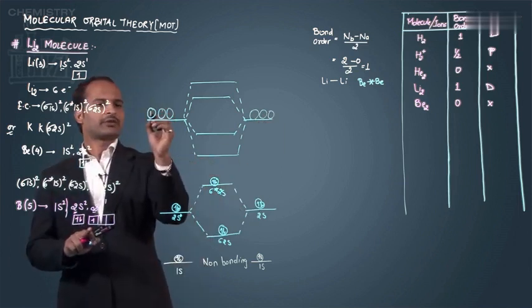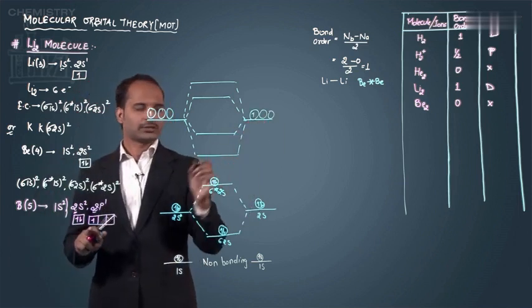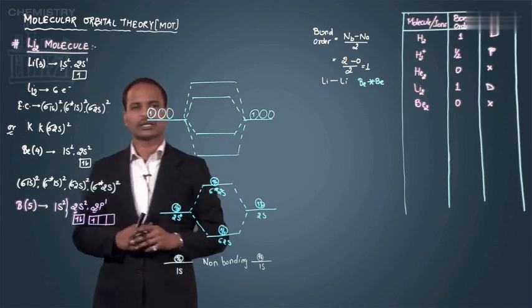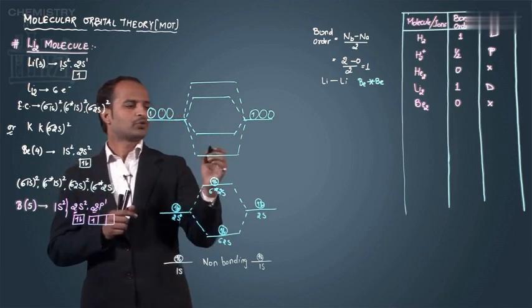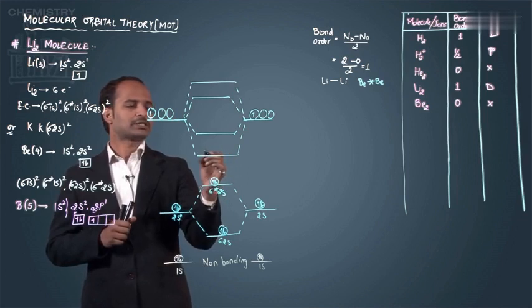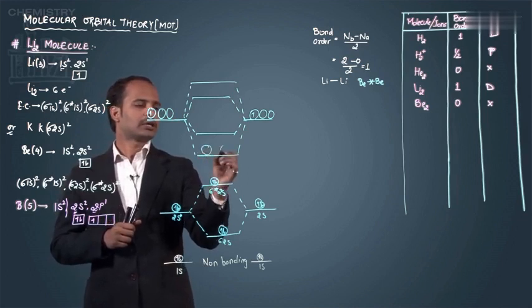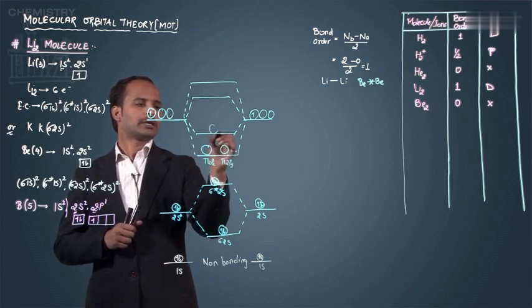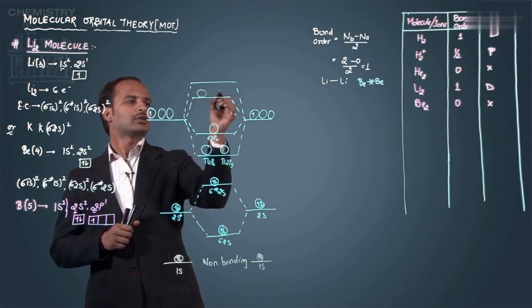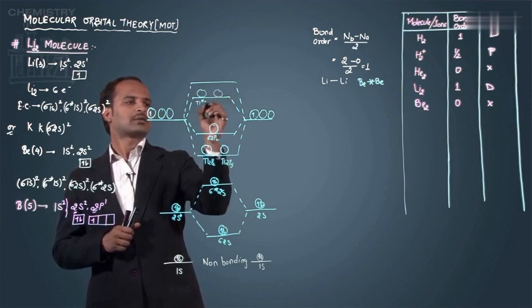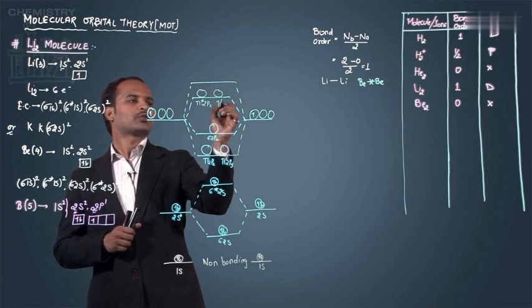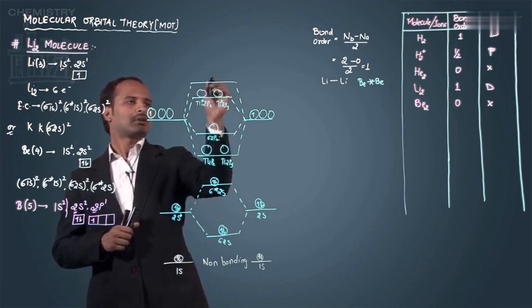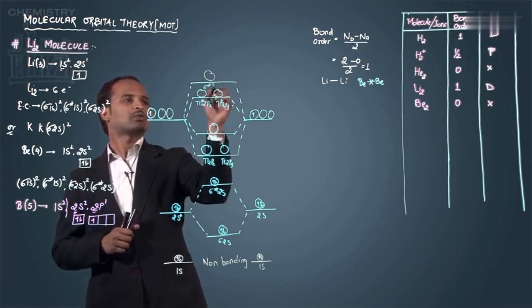This is 2p1, that is only 1 electron in the p orbital. In case of B2, C2 and N2 molecules, I said the order is slightly different. Instead of sigma 2pz, the pi 2px and pi 2py have the lower energy. So pi 2px and pi 2py, and here it will be sigma 2pz. The remaining order is the same, that is pi star 2px, pi star 2py, and finally the last is sigma star 2pz.